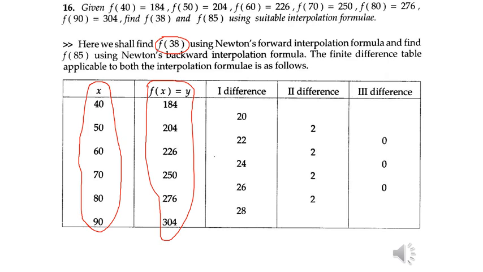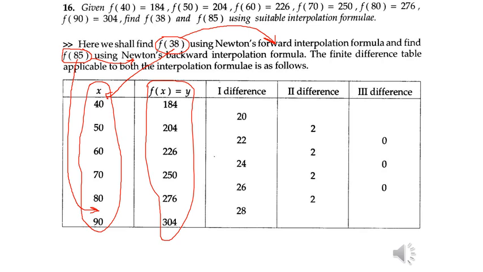Since the value of x, 38, falls in the first half, we need to use Newton's forward interpolation formula to find this value. And then to find f of 85, since this value of x, that is 85, falls in the second half of the data, we need to use Newton's backward interpolation formula. So in the same problem, they are asking us to apply both the formulae.